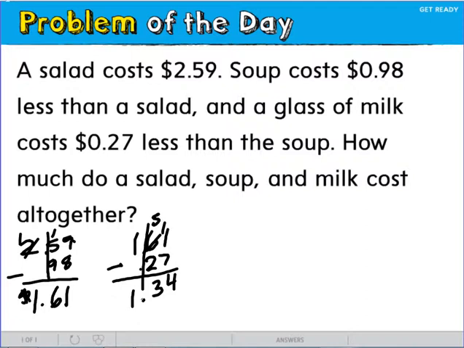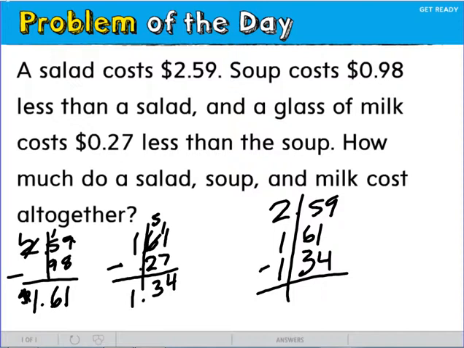Now we have to add them all together. We have the salad, which costs $2.59, the soup, which is $1.61, and the milk, which is $1.34. Now we're going to add those three together. 9 plus 1 is 10, plus 4 is 14.